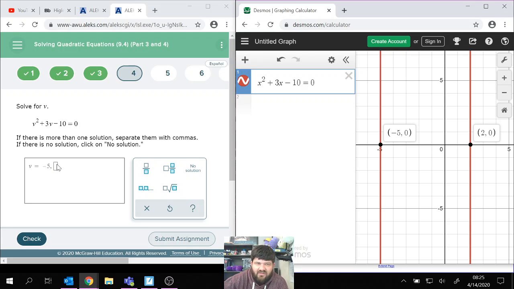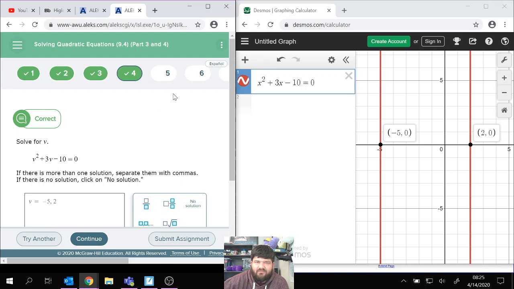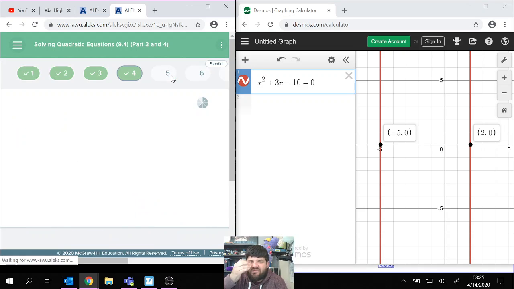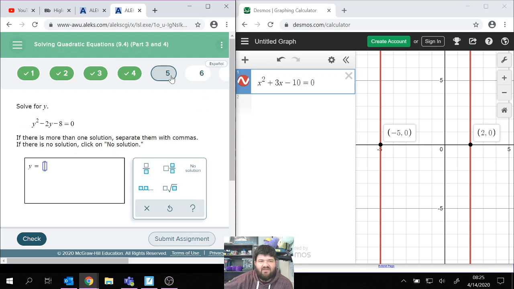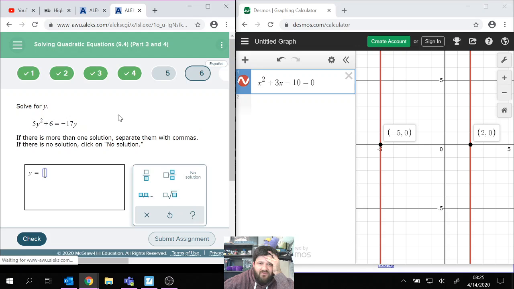Oh, this one's really nice, 2. So, Desmos, life-saving. Same thing. So this one, the A value is 1, so you can do this the easier of the two ways.